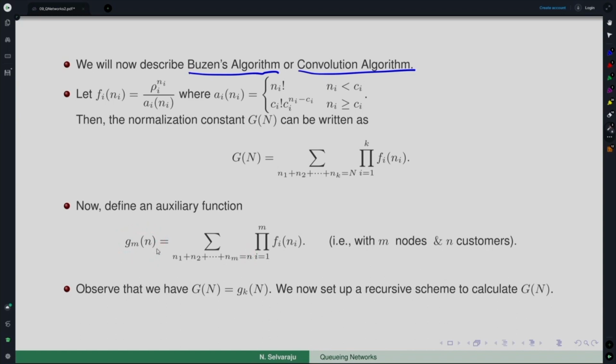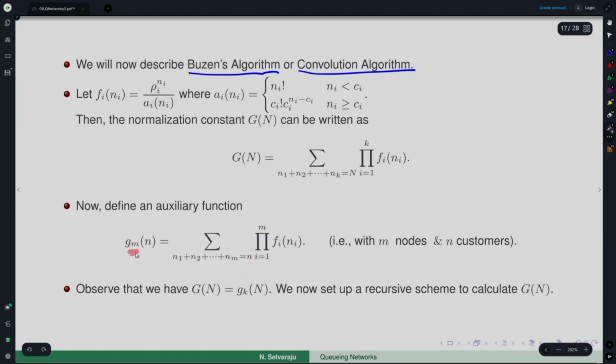This auxiliary function G_m(n) is a quantity similar to G(N), which is for k nodes and N customers, whereas this is m nodes and n customers.